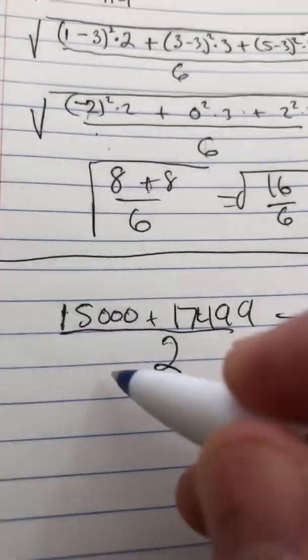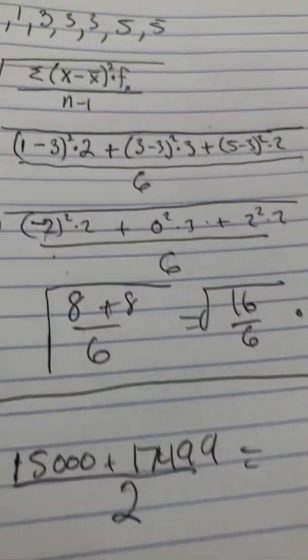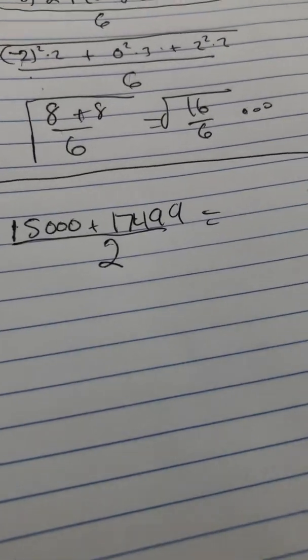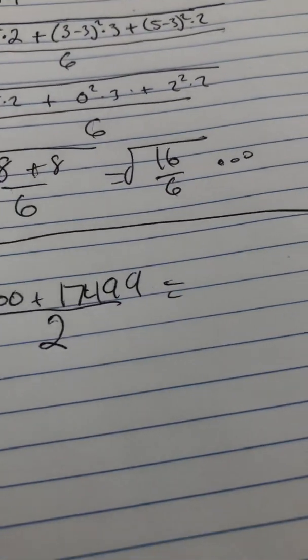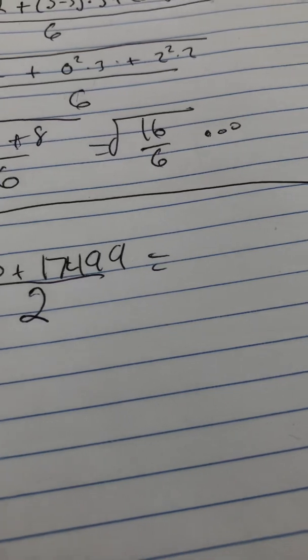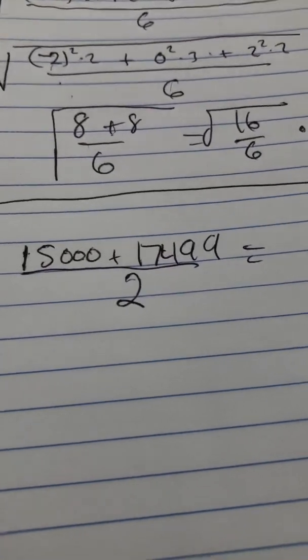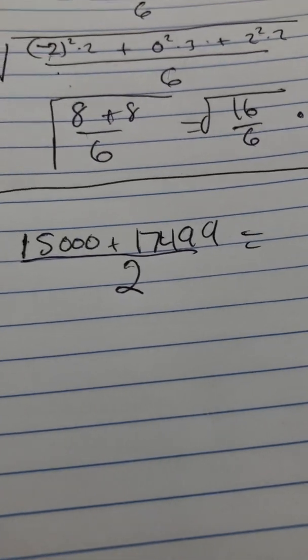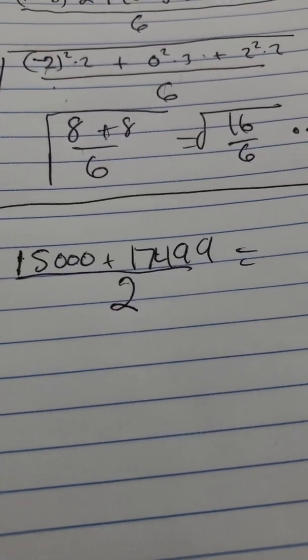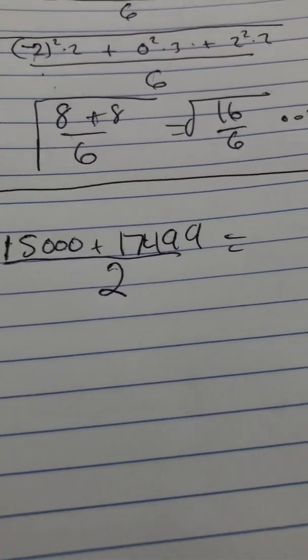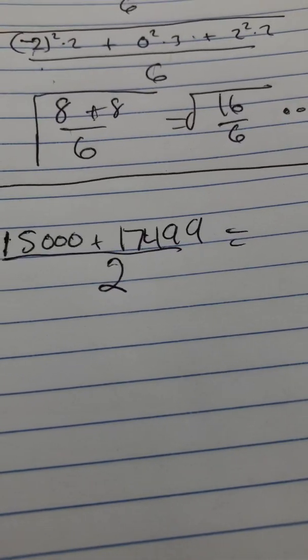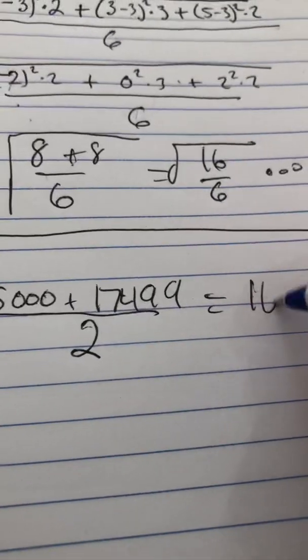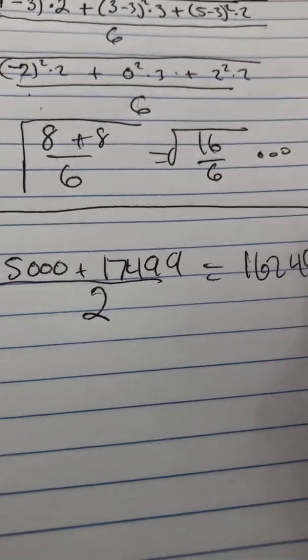And let me real quick punch that into the calculator. So 15,000 plus 17,499, and then that's divided by 2. So I've got 16249.5.